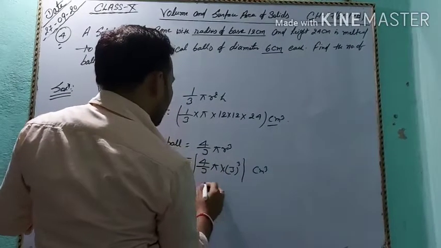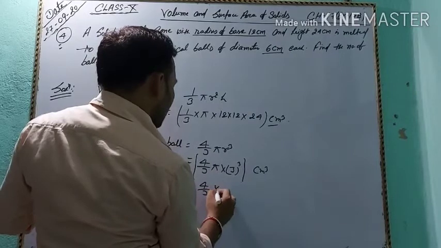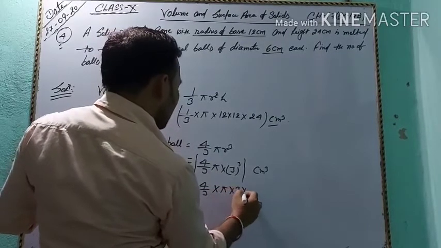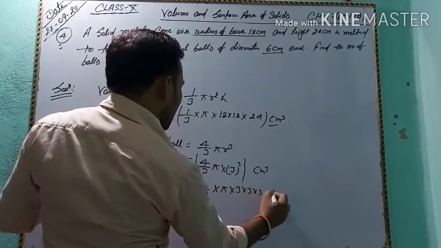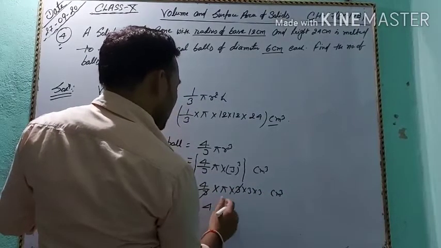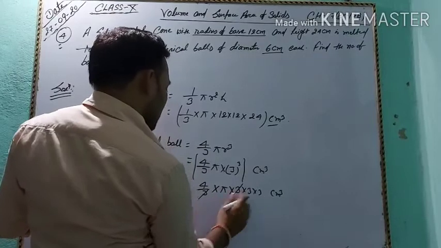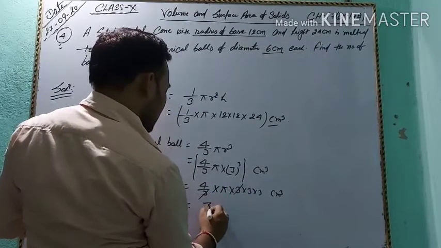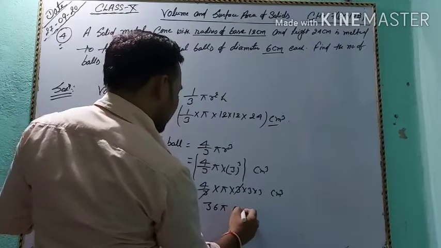So 4 by 3 into pi into 3 multiply 3 cubic centimeter. 3 is cancelled, that is 4, 3 nines are 9, 9 fours are 36 pi cubic centimeter.